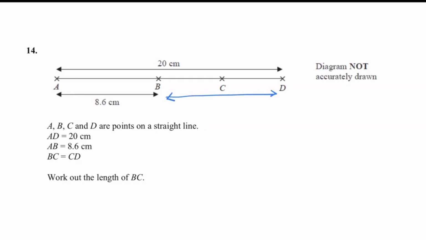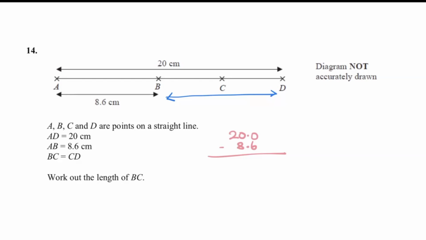And to do that, we're just going to simply take our 20 and take away 8.6. I say simply, we have to be really careful with our lining up. The decimal point is on the end of the 20, and it's really important that our decimals are aligned. So we're going to fill that space with a 0.